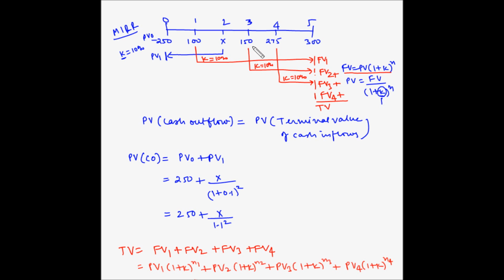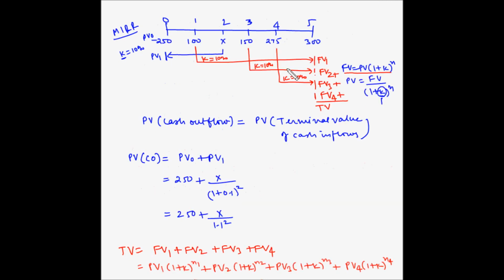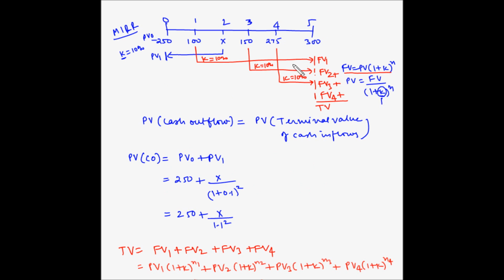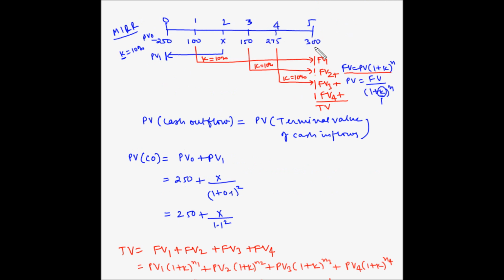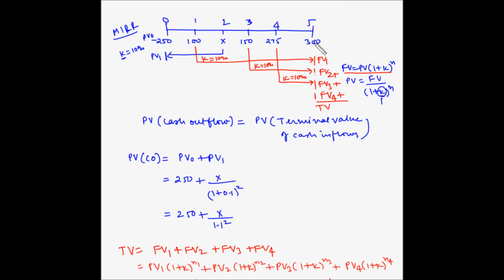Now this 150 rupees are going to be compounded for 2 years. Plus PV3 is 275. So 275 into 1 plus 0.1. Now this is going to be compounded for 1 year. So to the power 1. Plus PV4 is 300 into 1 plus 0.1. Now N4 is 0 because 300 is at the end of the tenure, so it cannot be compounded for any duration.